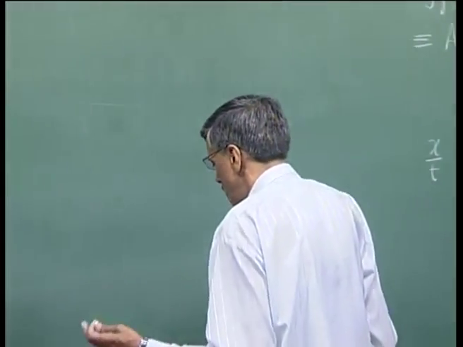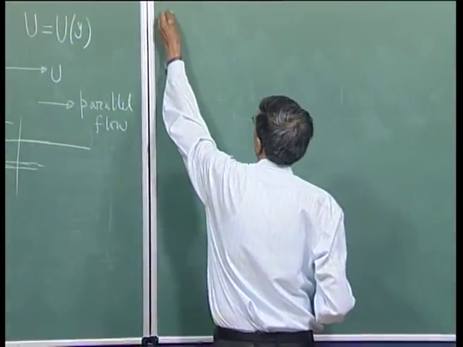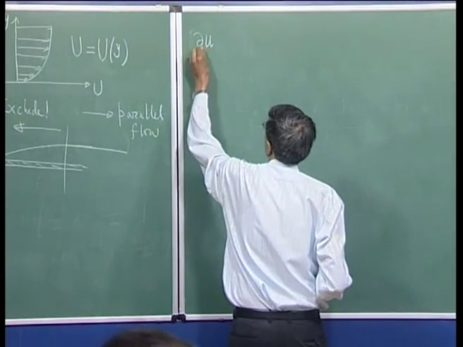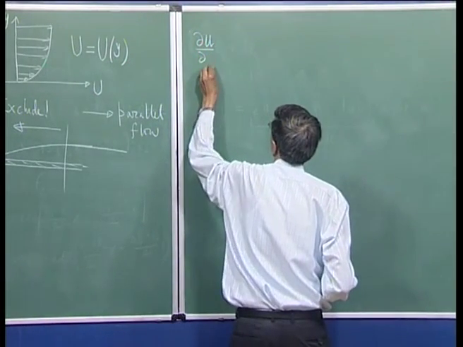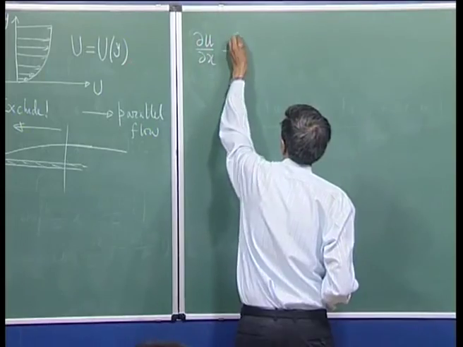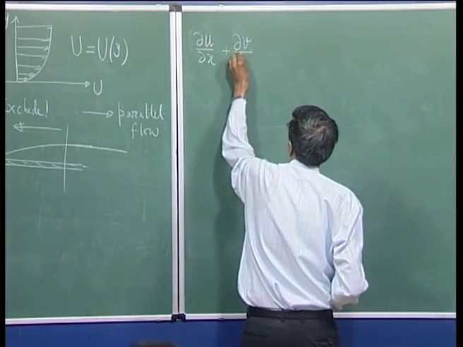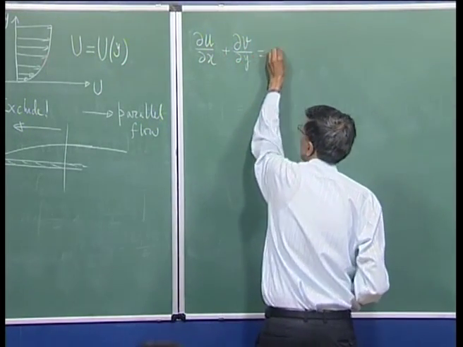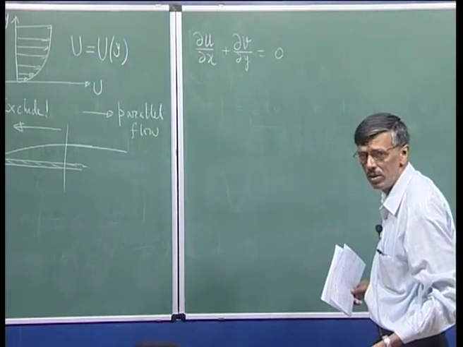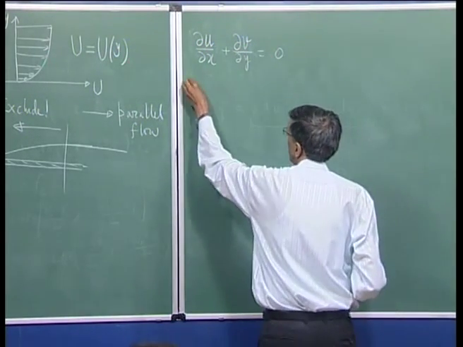So our full Navier-Stokes equation, for example, is given by this. We are talking about incompressible flow, and in a Cartesian frame, that's your equation. All right. Now, what is our u?